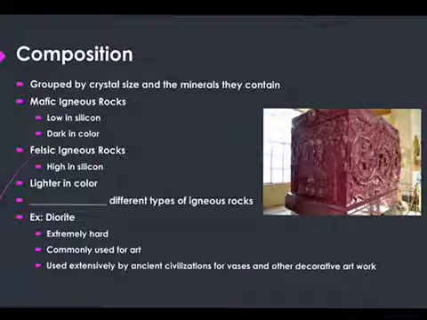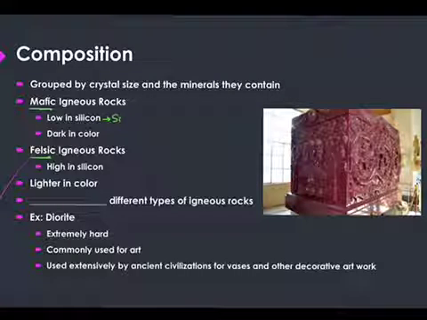So igneous rocks get grouped by their crystal size and the minerals they contain. And sometimes we also refer to their color. So we have mafic and felsic igneous rocks. Mafic rocks are low in silicon content. So remember, silicon is an element, Si.